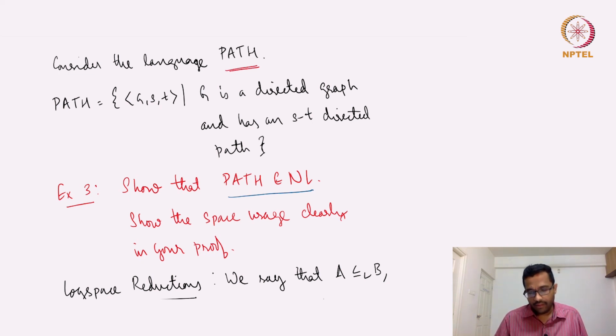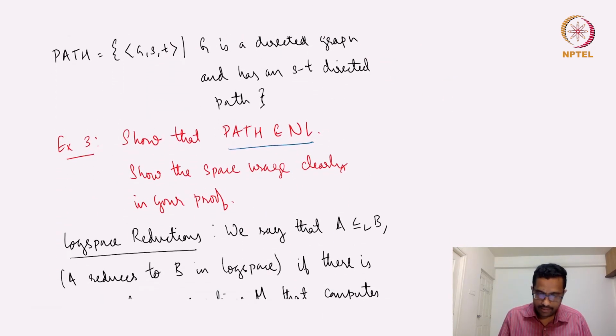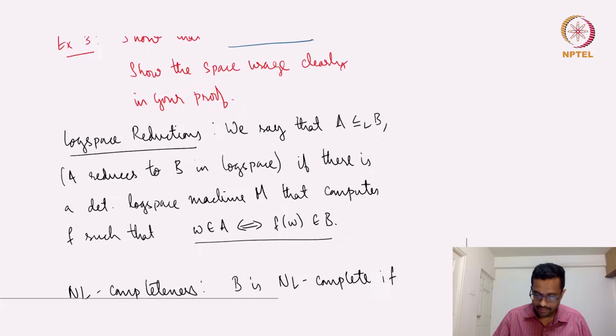If you maintain visited markers in each node, that itself requires order n space, so you don't have that space. So show the space usage in the proof. And log space reductions, I think we will see in the next lecture.